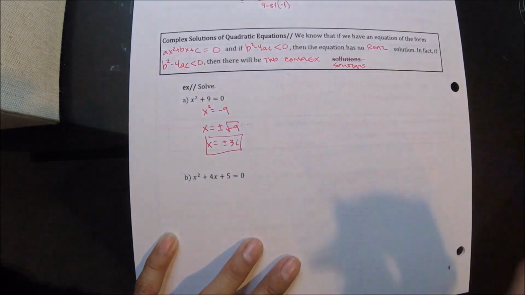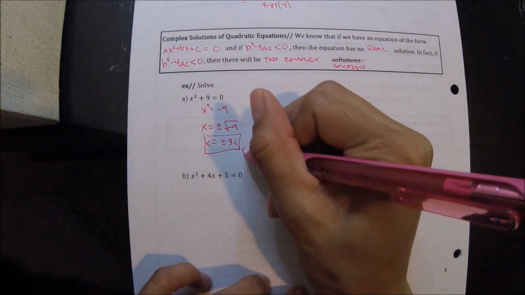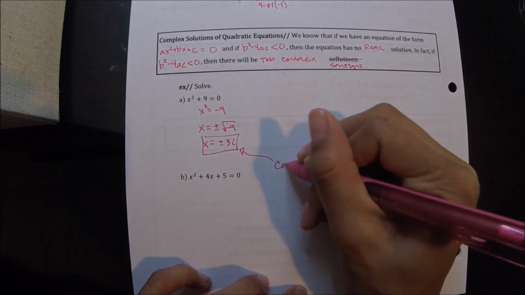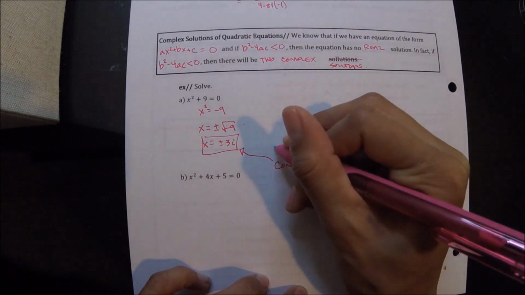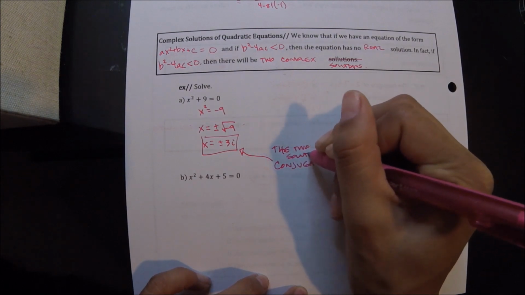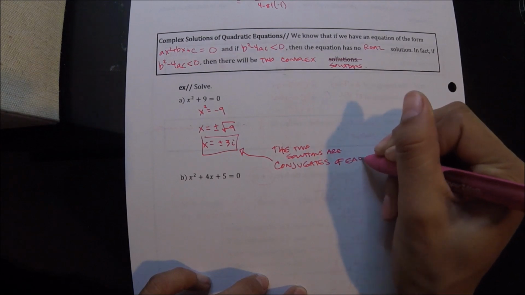So we get two imaginary solutions, a positive 3i and a negative 3i. Also notice that these two solutions, plus 3i and minus 3i, are conjugates of each other.